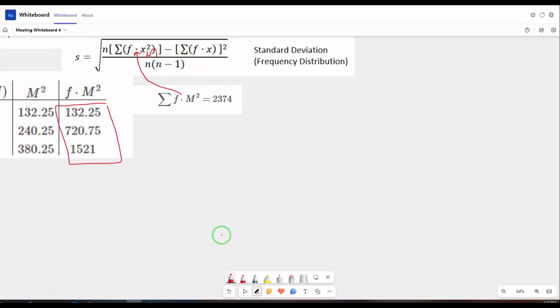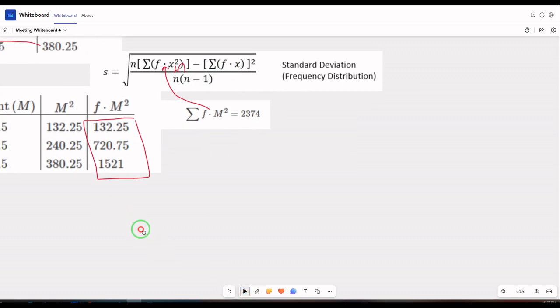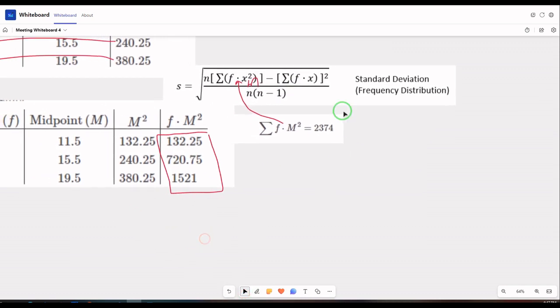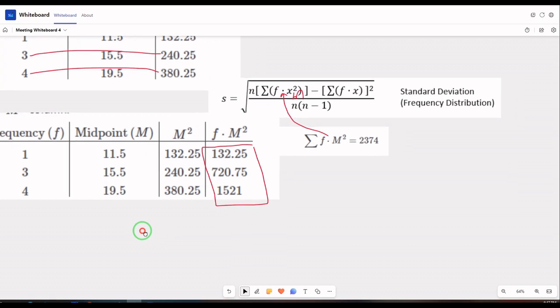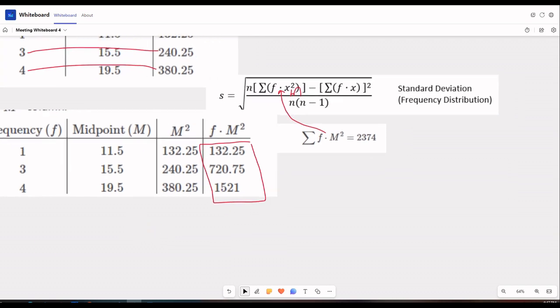Now we have to deal with the rest of the equation, which is f frequency multiplied by x, which is the midpoint, and then the whole thing is raised to the power 2.